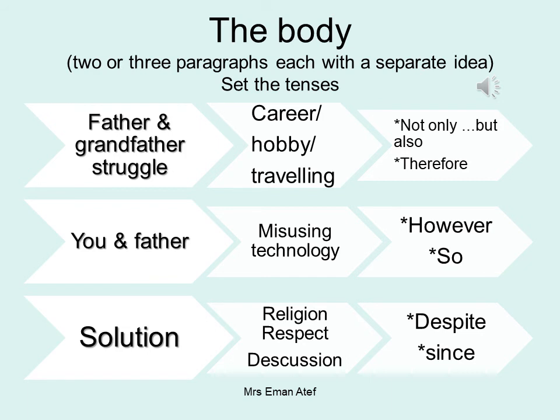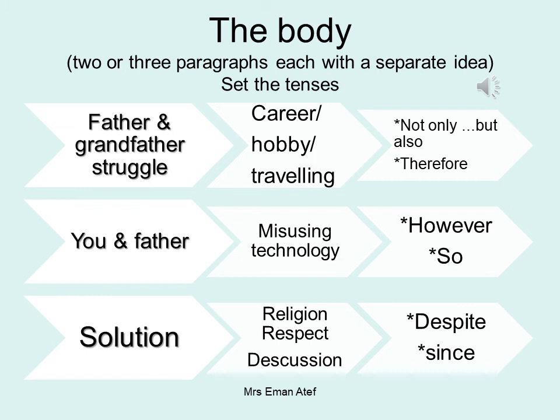And the following one will be about the following idea: the struggle between you and your father. This is the main one. The sub idea: misusing technology. Okay, and of course again I wrote the linking words. So the whole paragraph will be about one idea, which is the struggle between you and your father, and you can write other sub ideas.